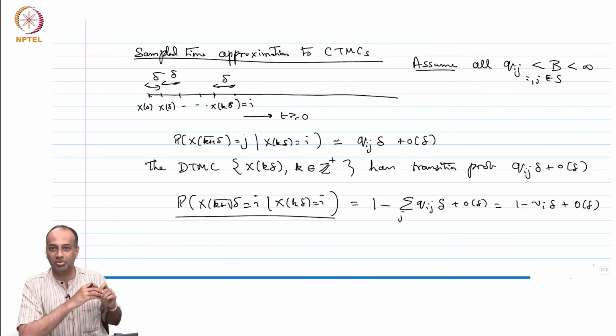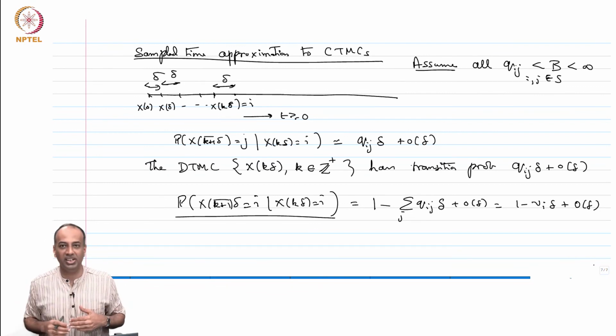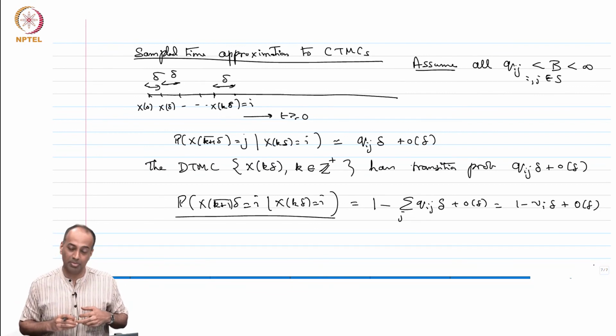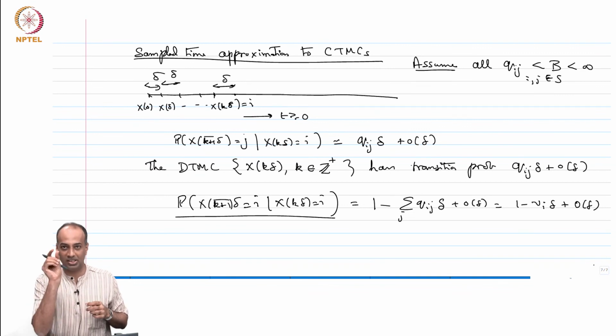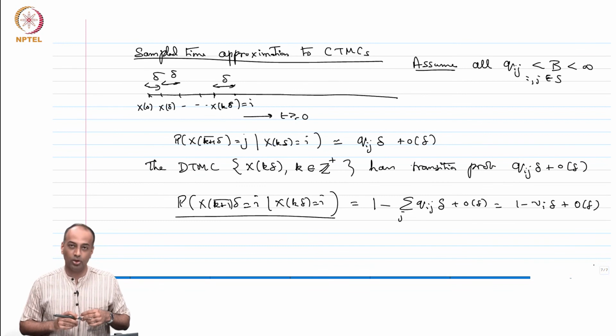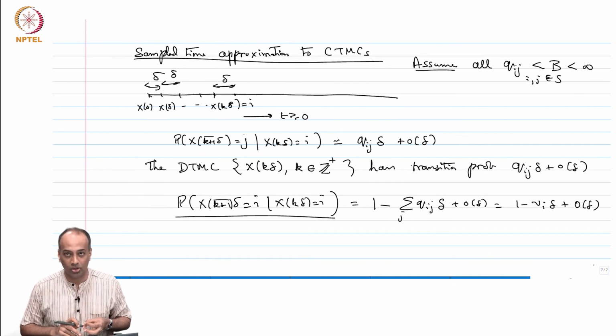We said the pi i's represent the average fraction of transitions into a particular state. Now, we have a different DTMC, which is the time sampled approximation, with all these little deltas, and you can go ahead and calculate the steady state probabilities of this DTMC also. Are they the same as the steady state probabilities of the embedded Markov chain? The answer is no, okay.